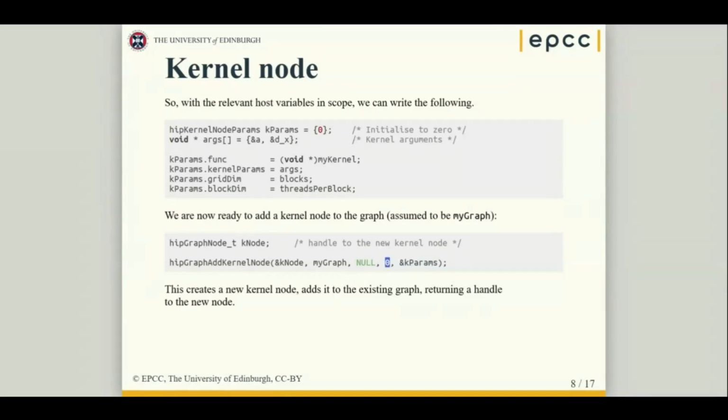I think this is the dependency, but for this kernel, let's assume that we don't have any dependencies. This is a 0. This will create a new kernel node, add it to the existing graph, and return a handle. As you can see, this is a little bit more complex, because we need to do a lot of setup to create just one node of the graph.